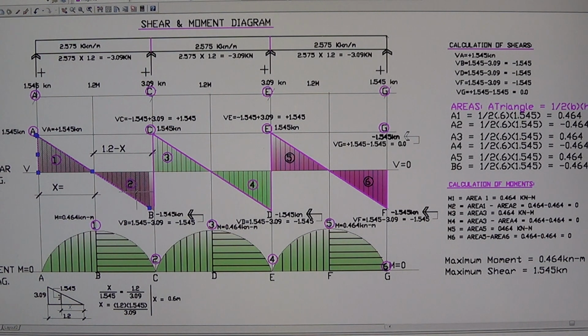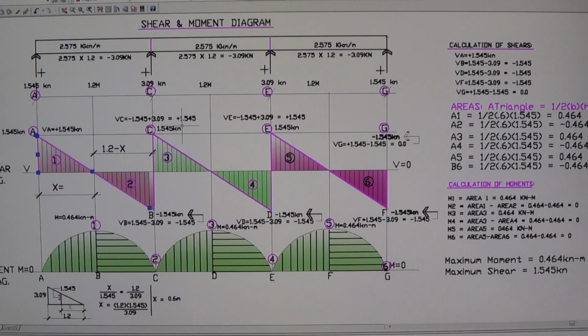Now solve for the shear at C. The shear at C is the shear at B plus the load at C. What's the load at C? There's a reaction load here, it's going upward, so that is positive. All the upward loads are positive. So the shear at C is negative 1.545 plus positive 3.09.